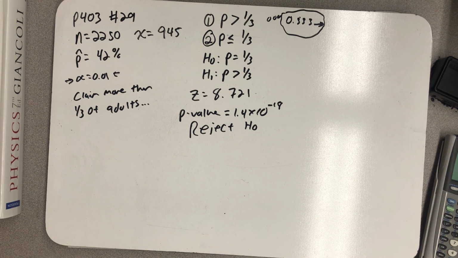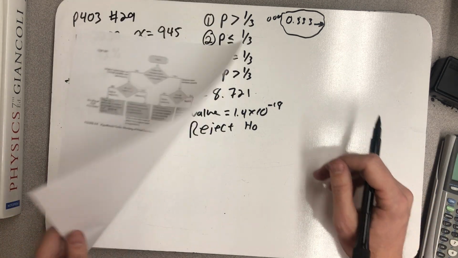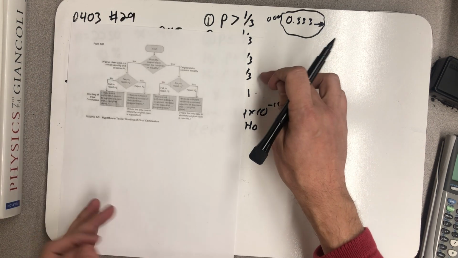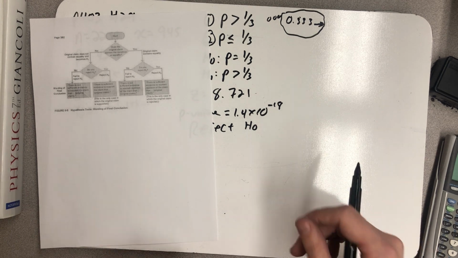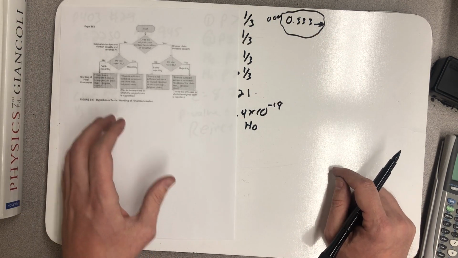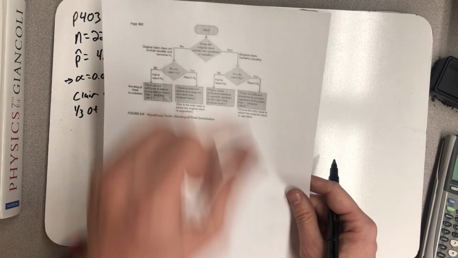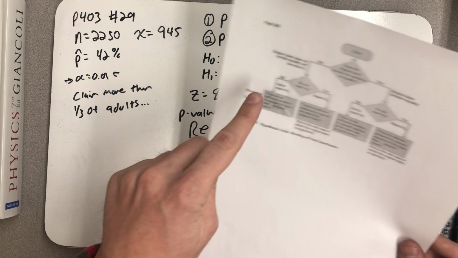And we have a chart to help us out with that, but I think we could probably figure out what's going on here, that there is sample evidence to support our claim, right? Because we rejected the null hypothesis, which makes me think that this statement might be the one that's being supported, which was our original claim. But let's just go through the process to be sure. Did the original claim contain equality? Nope. Did we reject H0? You bet we did.